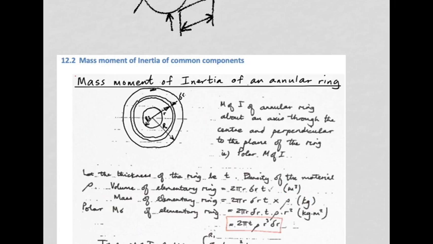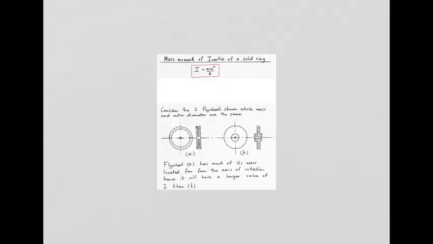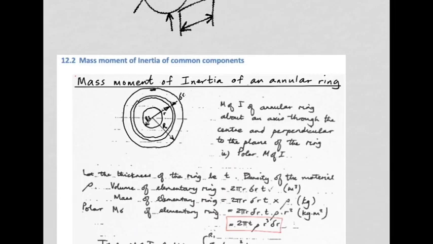And if we were to look at the polar moment of inertia of each elementary ring, it would be all of the above multiplied by, remember, r squared. If we go back to the blue dot at the beginning, we took its mass multiplied by its distance squared to an axis, and we would get kilogram meters squared. So for each elementary ring, the mass moment of inertia would be 2 pi t rho r cubed del r.